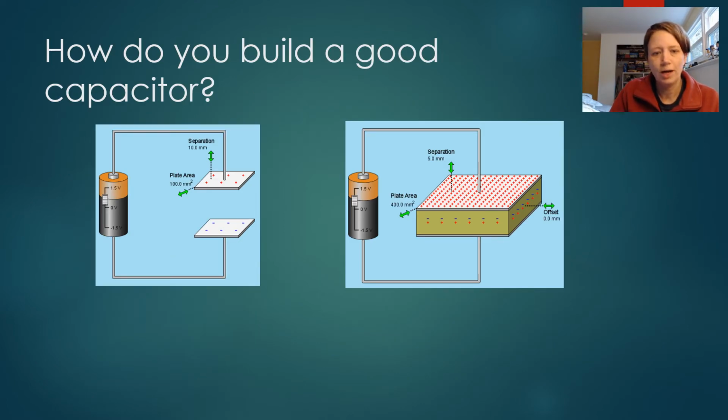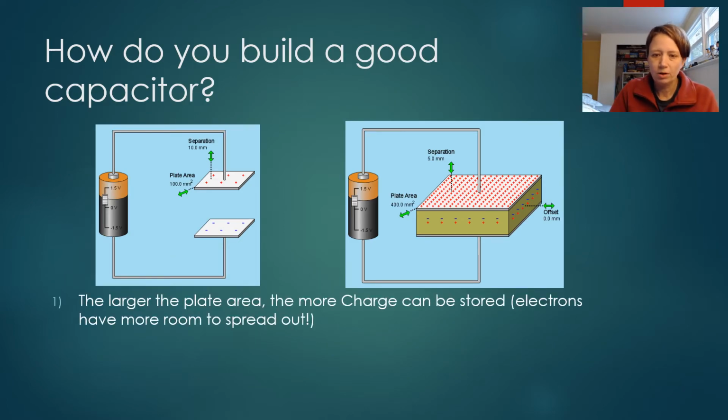So how do you create a good capacitor? Well, if you look at this picture, one of the things that should jump out to you is the size of the plate. The bigger the plate, the better the capacitor is going to be, because the more charge we can basically store up on that surface. Electrons want to spread out as far as possible in a conductor.